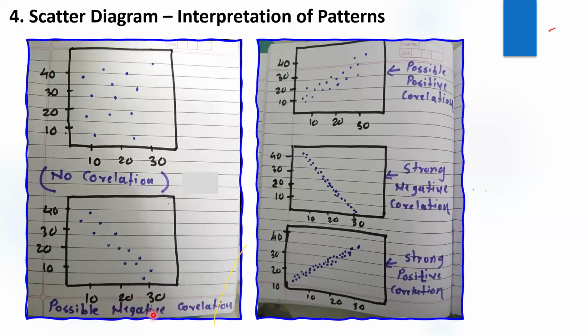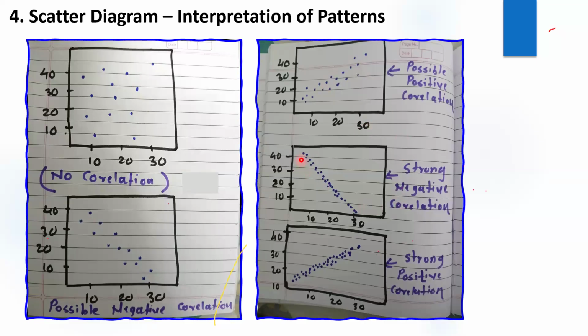Why the word possible? As compared to this, there is a strong relationship, but I will let you know the perfect relationship. So this is called possible positive correlation, meaning when X increases, Y also increases. This is called positive correlation. This is negative correlation, but possible negative, and this is possible positive.